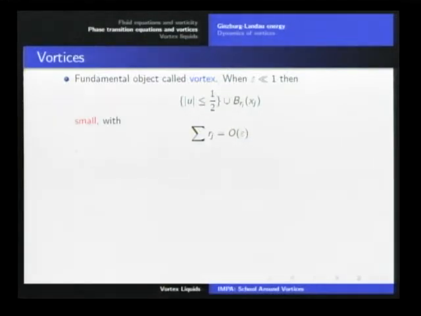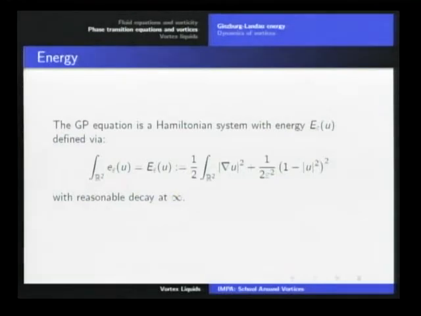And formally, if you look at this energy, and epsilon, let's say, is small, so we're really, in superconductors, far in the type 2 situation, then the modulus of U wants to be close to 1 everywhere. Okay, that was going to make the energy small.